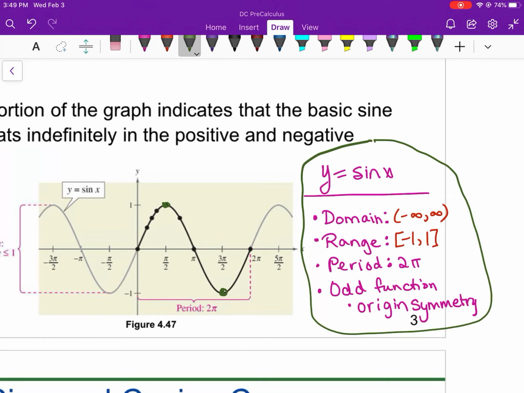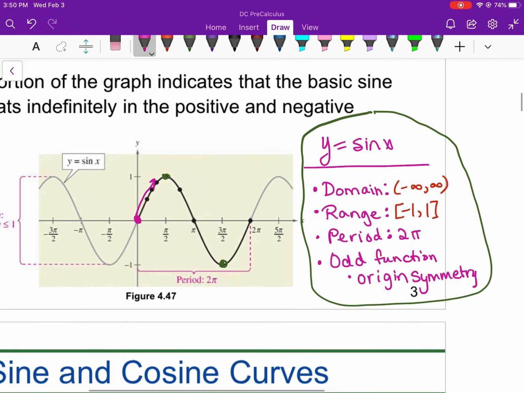So there's our range. Yesterday we talked about period, and this is considered an odd function because it has origin symmetry. We also talked about the fact that one period of sine starts here at 0, and it does go uphill.